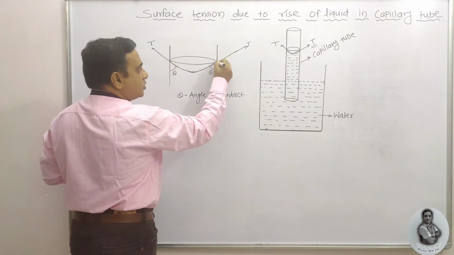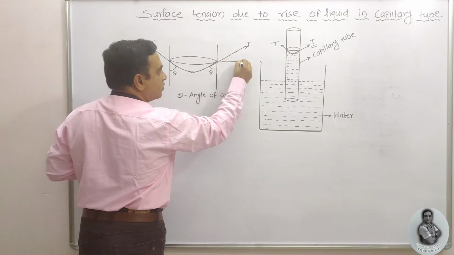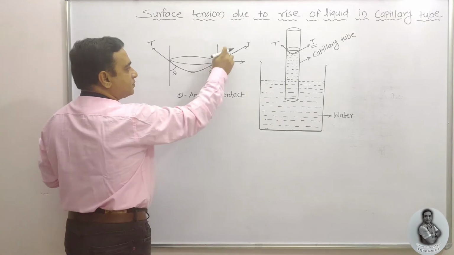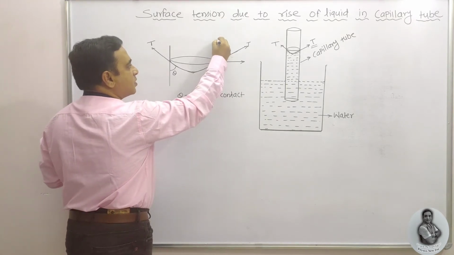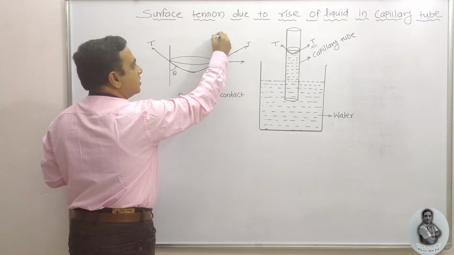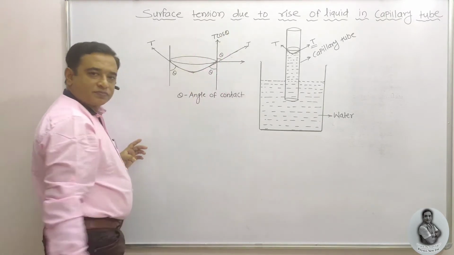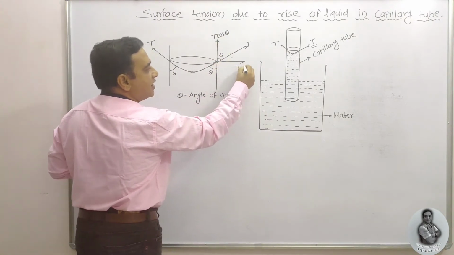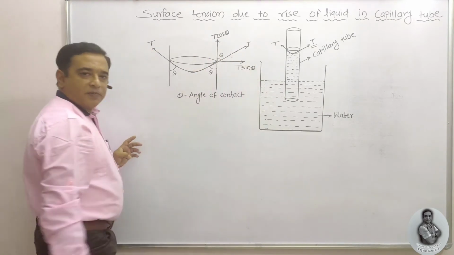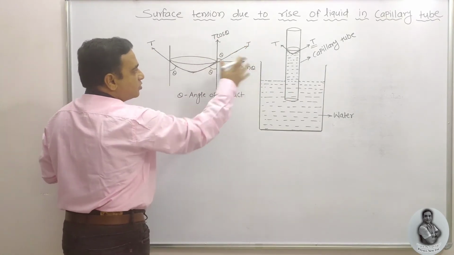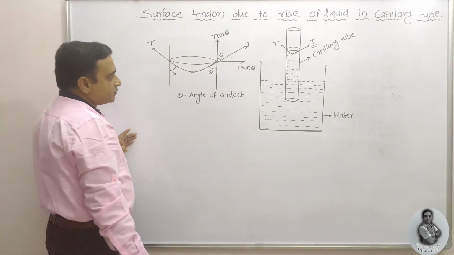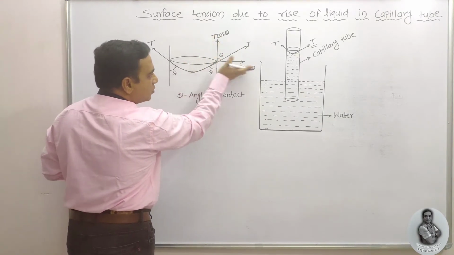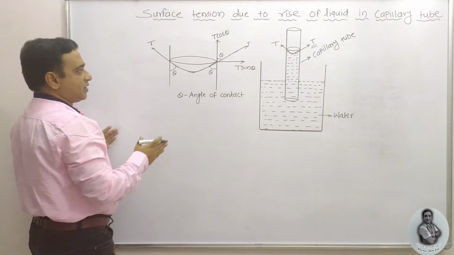So I am going to draw a resolution, in which two perpendiculars I am going to draw. Here the angle is theta because it is the opposite angle. So this is the component along theta, which is T cos theta. And perpendicular to T cos theta is T sin theta. T is resolved into two mutually perpendicular components: one along theta and the other perpendicular to that, which is T sin theta.